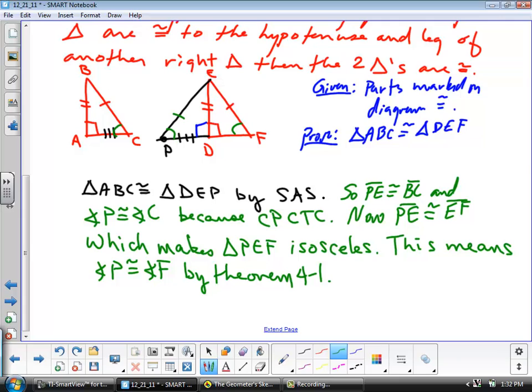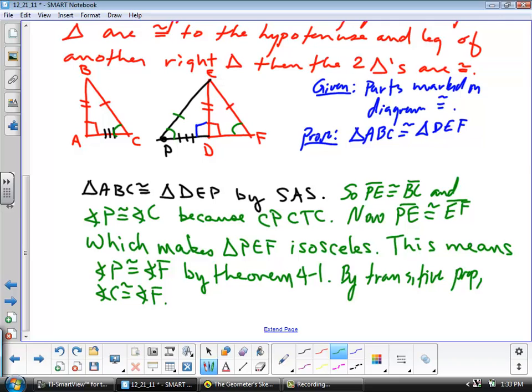What I can do now is actually another transitive property or substitution. Because P is congruent to F and P is congruent to C, C must be congruent to F. Now take a look at triangle ABC and triangle DEF.